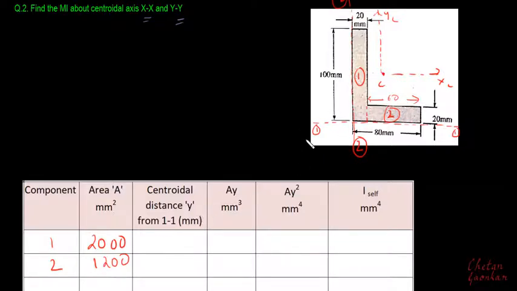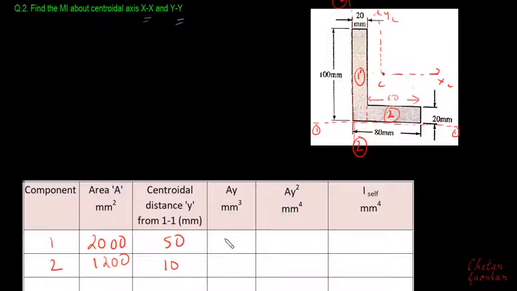The centroidal distance of this area with respect to 1 1 will be half of this 100, which will be 50, and the centroidal distance of component 2 with respect to the axis 1 1 will be 10.